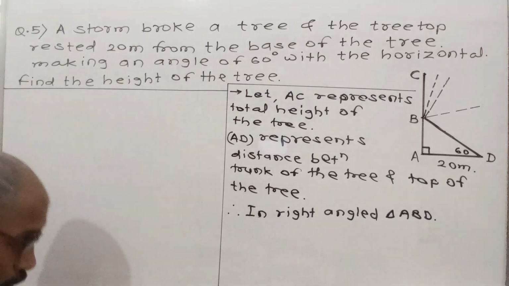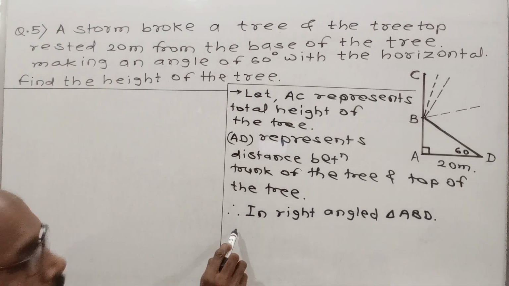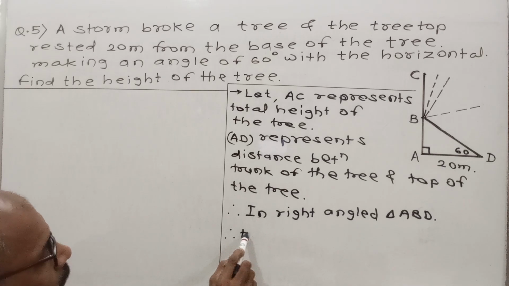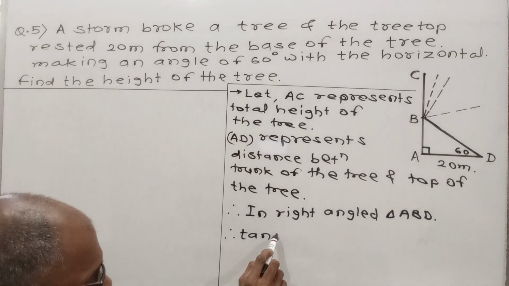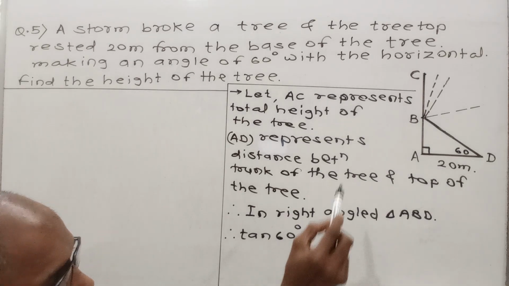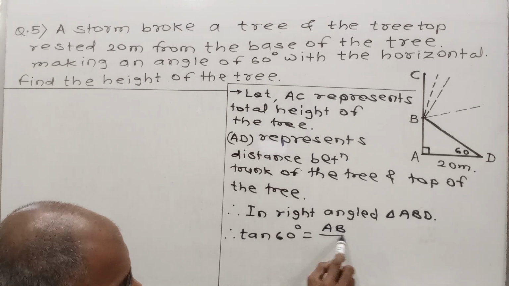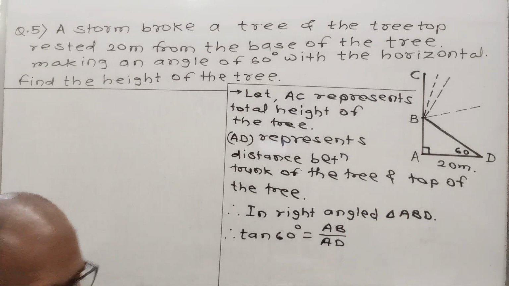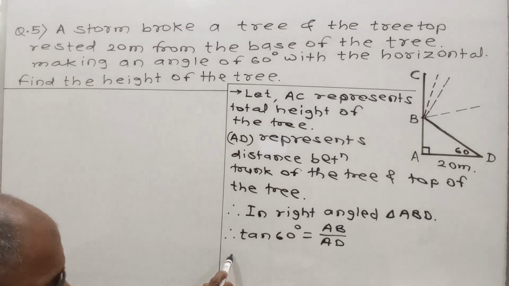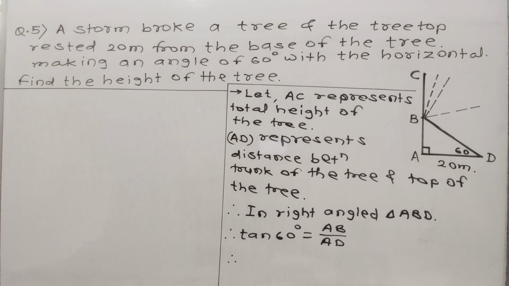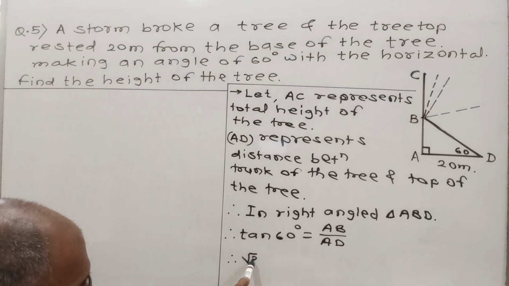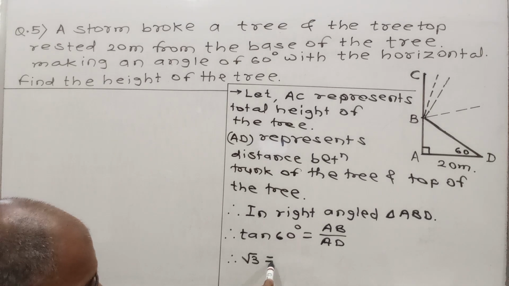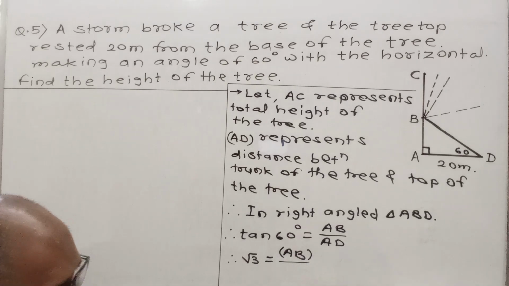So we use the trigonometric ratio, that is tan 60. tan 60 degrees is equal to the opposite side of angle 60 degrees upon the adjacent side of angle 60 degrees. Now the value of tan 60 degrees, that is square root of 3, is equal to, we don't know AB, we write it as it is, upon AD, 20 meters.